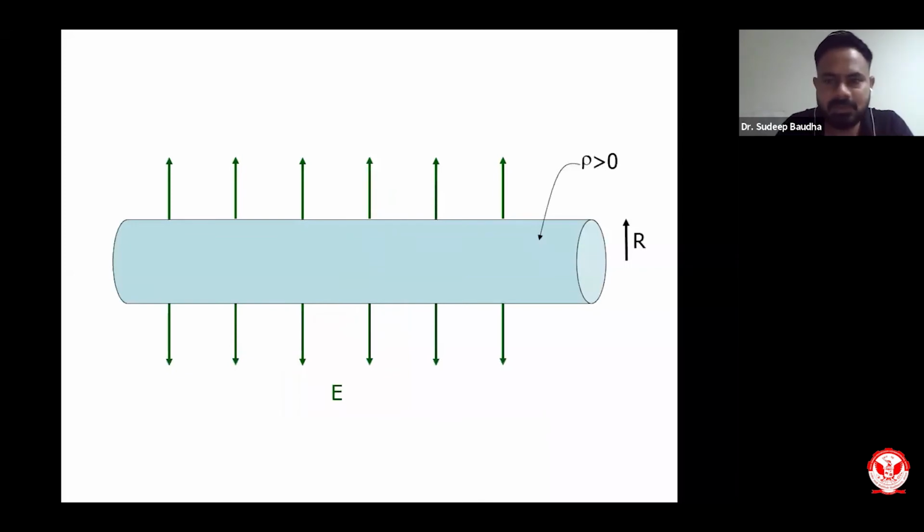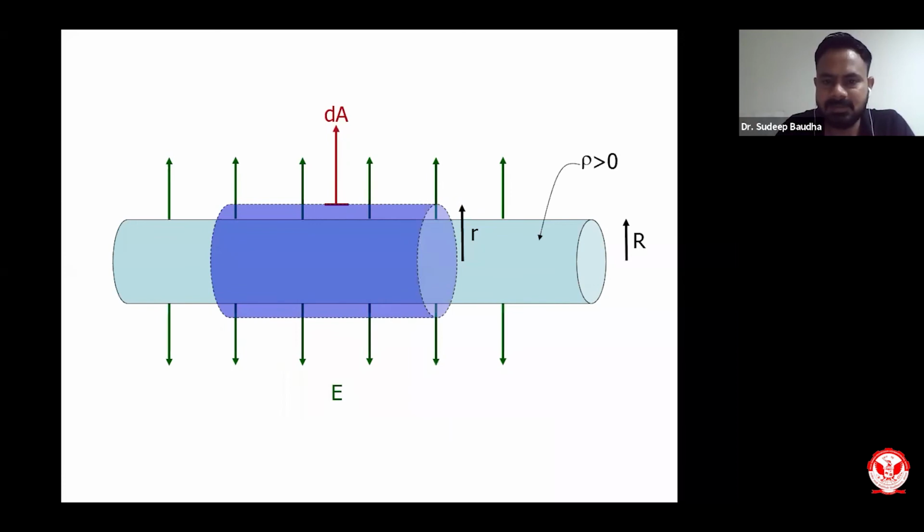So now we have this geometry. R is the radius. Let us consider this Gaussian cylinder, which has a radius of small r. dA is the vector of area, which is parallel to the electric field.